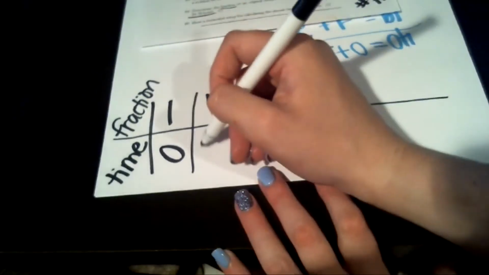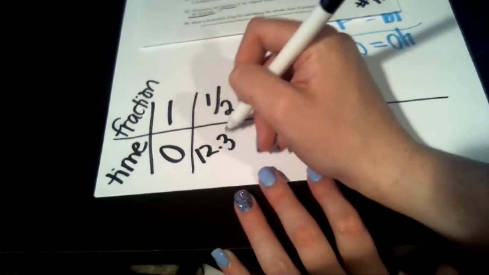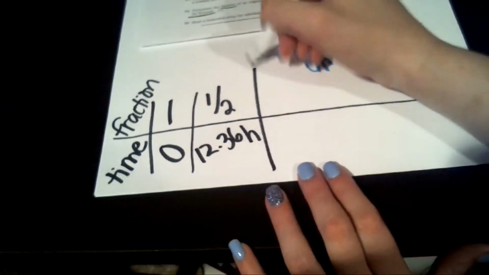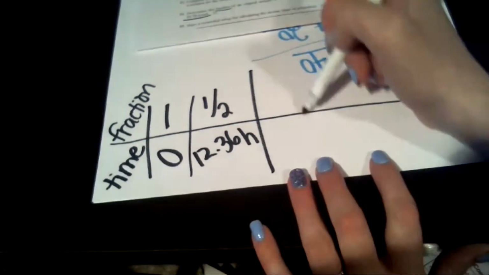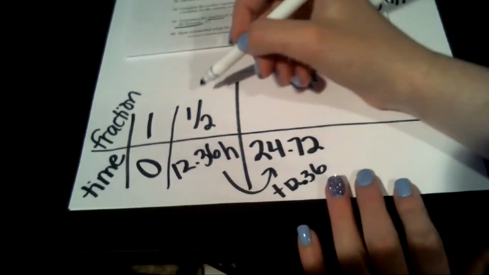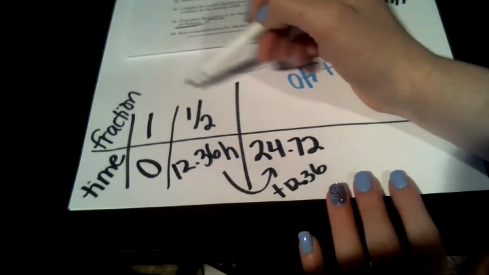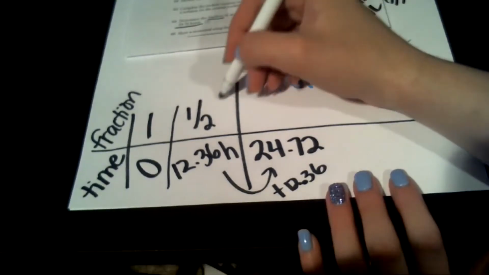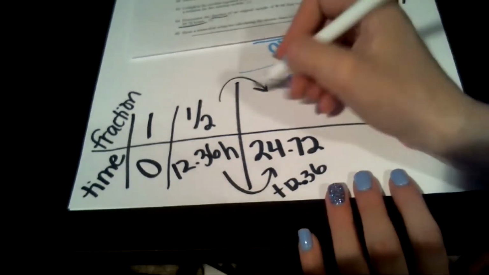So the jump to get to 1 half-life is 12.36 hours. Then in another half-life, we add another 12.36, which winds up giving me the 24.72 that's asked about in the question. I had half of it being radioactive, and now I'm going to cut that in half again.